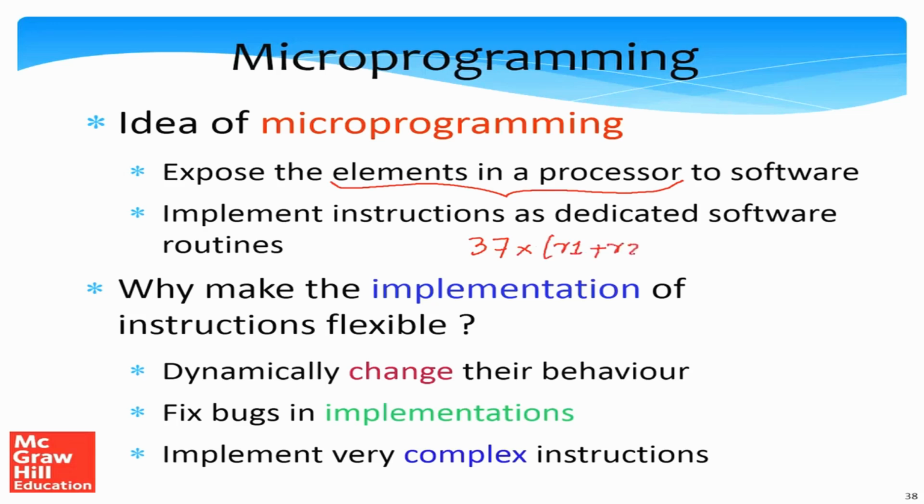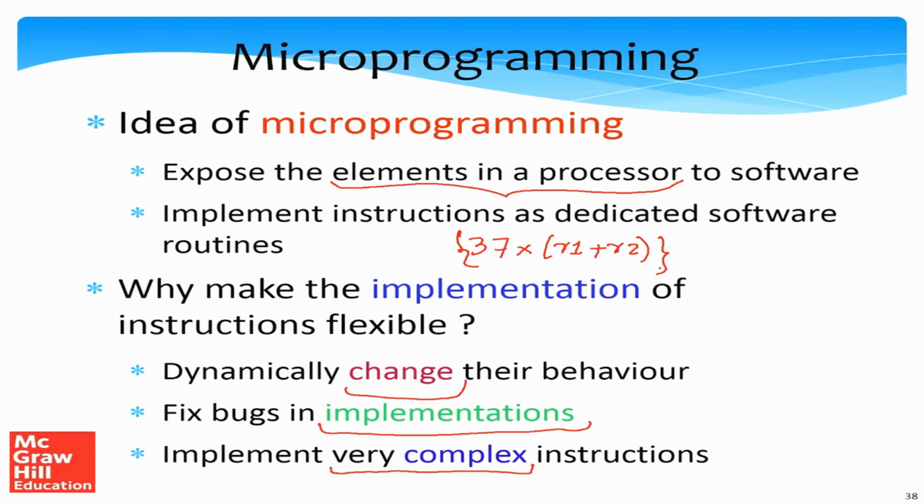We are searching for such a processor which can give us this flexibility of implementing complex instructions, fixing bugs in the implementations of current instructions, and also changing the behavior of instructions. As I said, instead of an add instruction, we can replace it with this if there is a requirement by applications. So all of this is great.